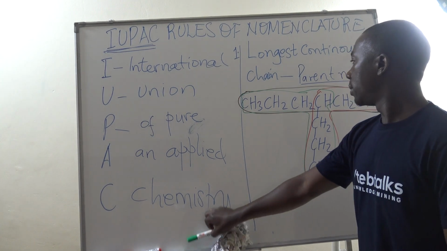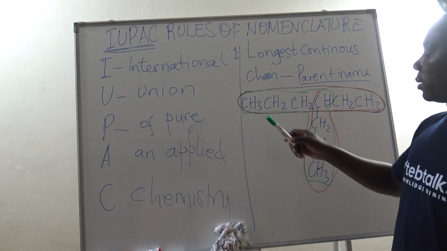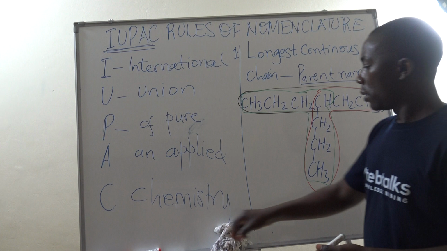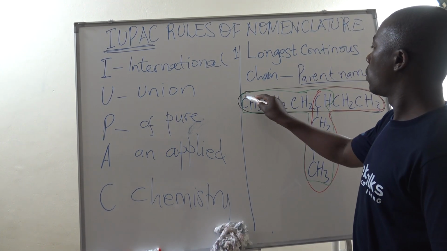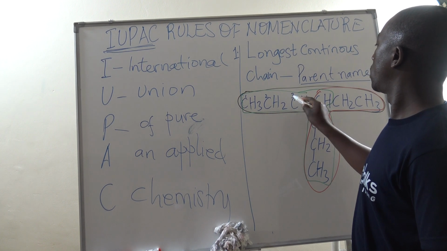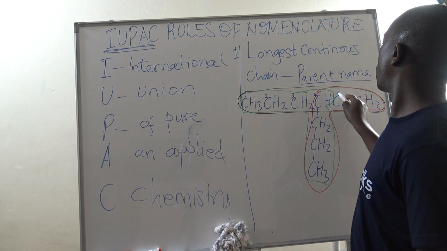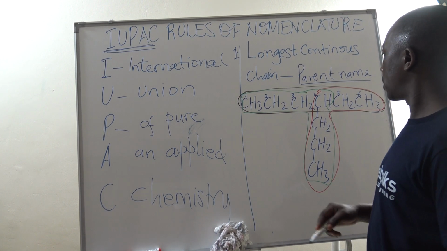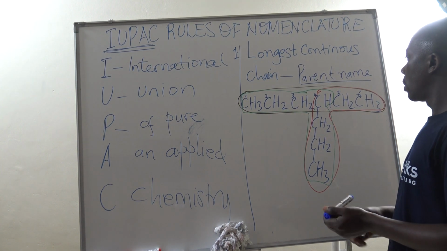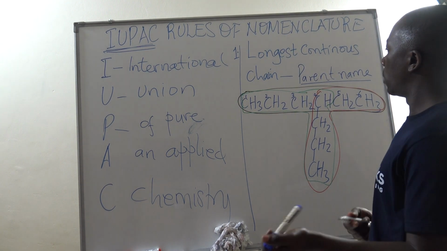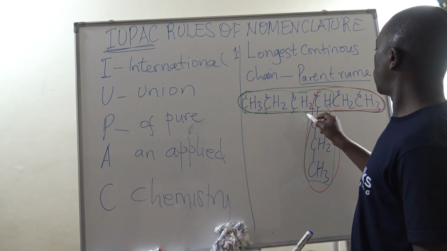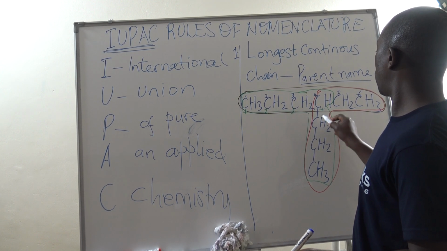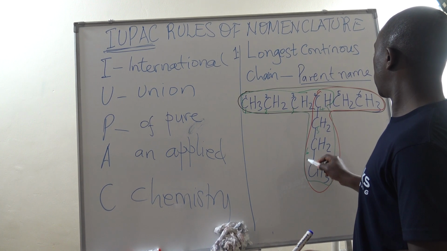Now, let me start with this one. It will have carbon 1, 2, 3, 4, 5, 6. Now, this one will have 1, 2, 3, 4, 5, 6, 7.